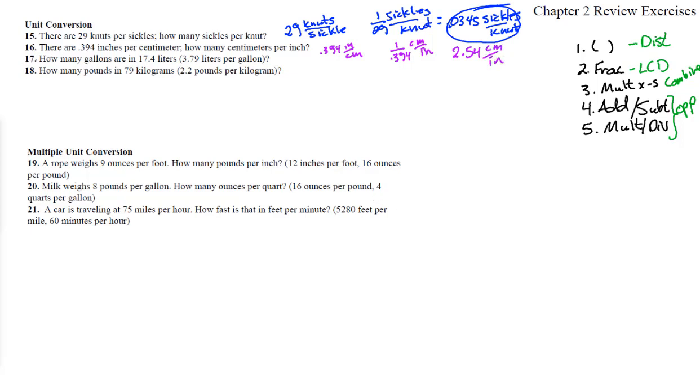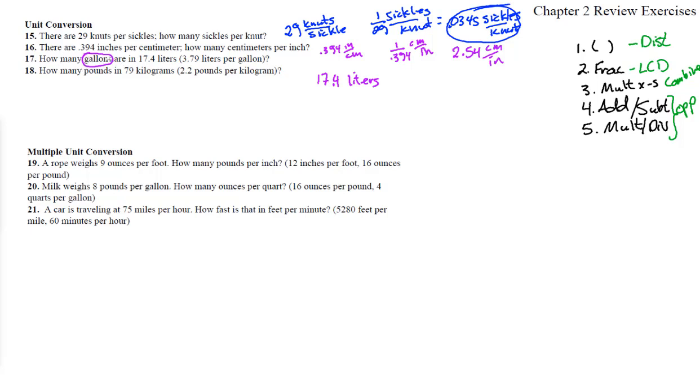Good. Number 17, it says how many gallons are in 17.4 liters? And then it gives us the conversion factor, 3.79 liters per gallon. All right, so we have 17.4 liters. Now remember, we're going to gallons.